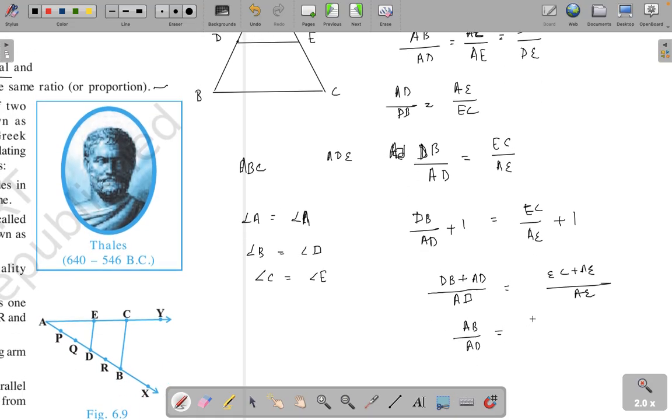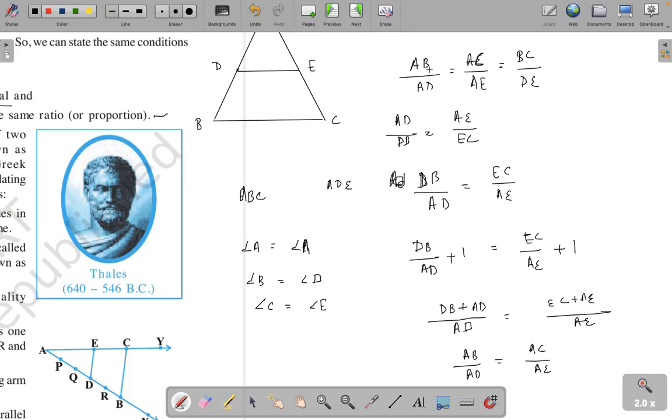So AC upon AE. This is what we were getting here: AB upon AD is equal to AC upon AE.